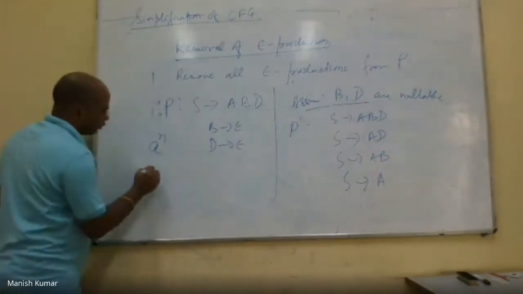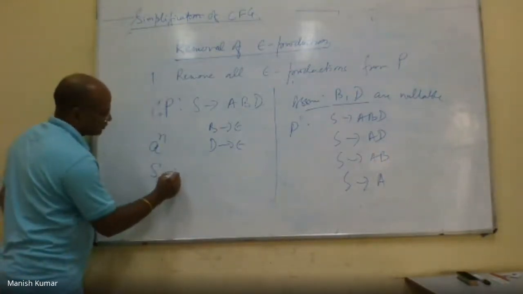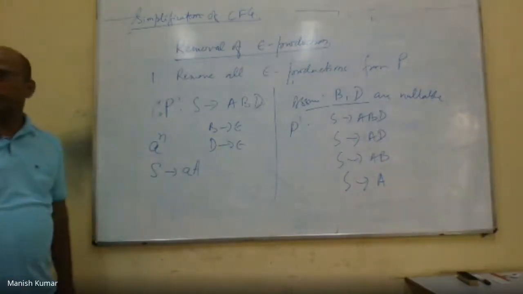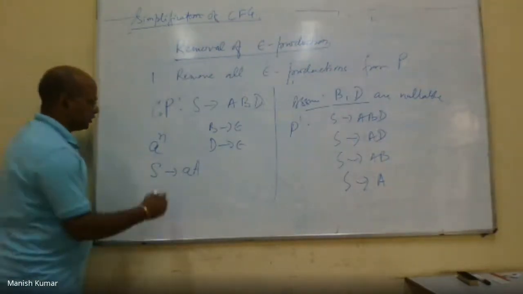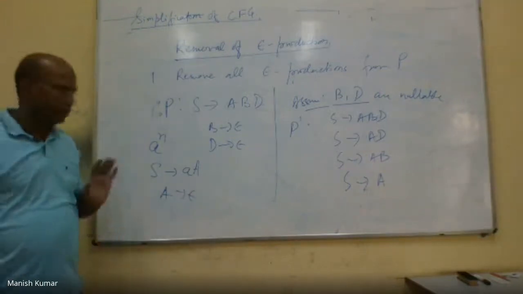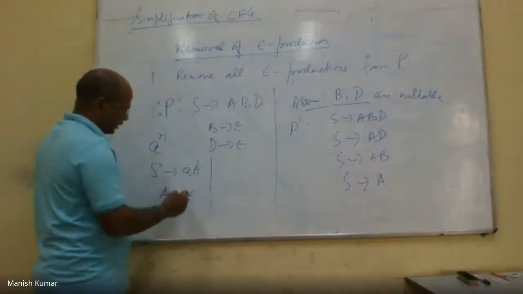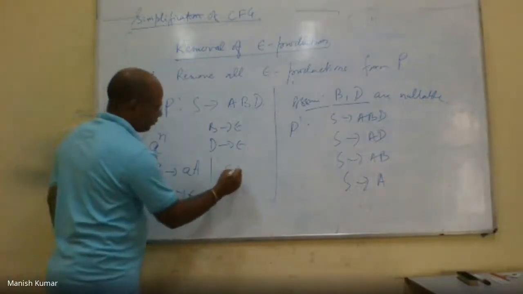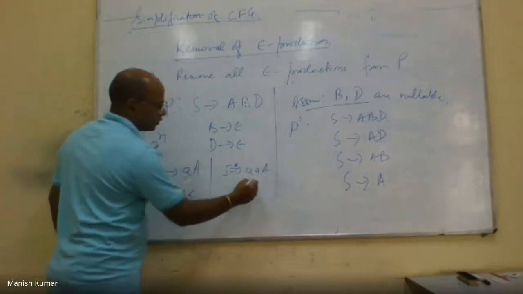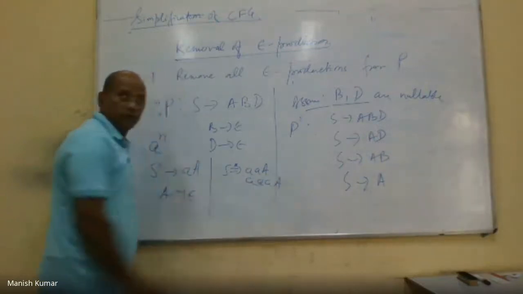Like suppose S goes to A S A, okay. And you are saying that A is epsilon. So once you do that, then S can be AAA, it can be A like this.